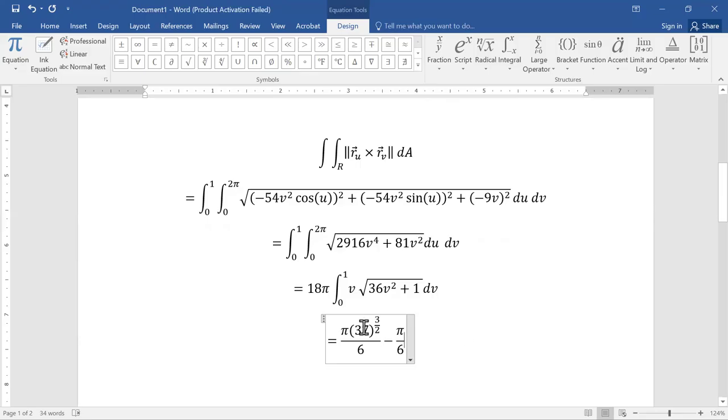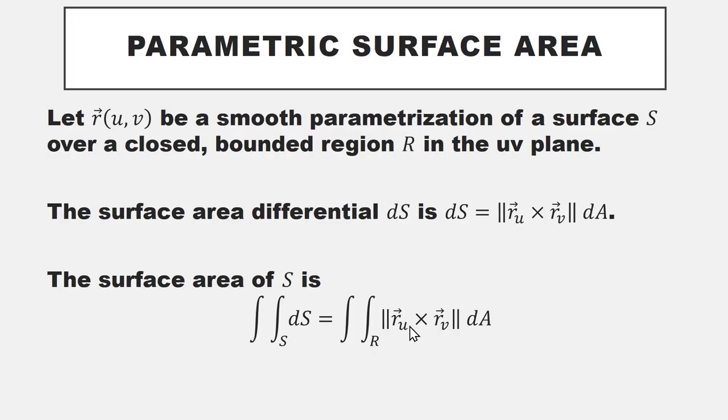Okay, a number of different ways you can write that, but I'll leave it there. Now, I will say this, you can imagine that in some cases, trying to find the magnitude of this cross product and trying to find parameterizations can get really tricky.